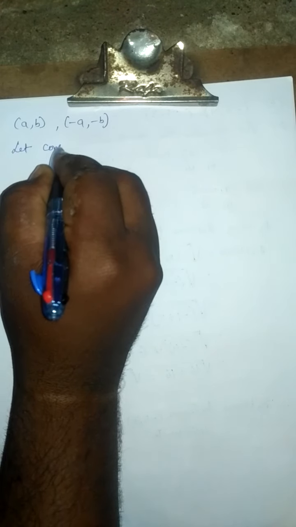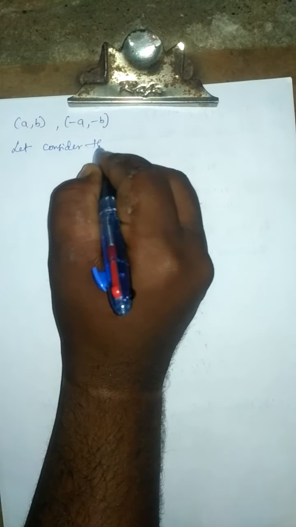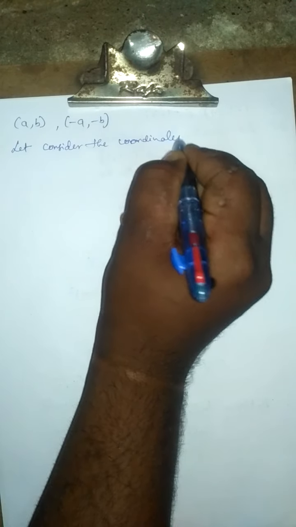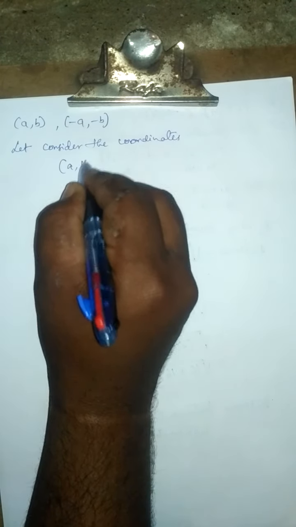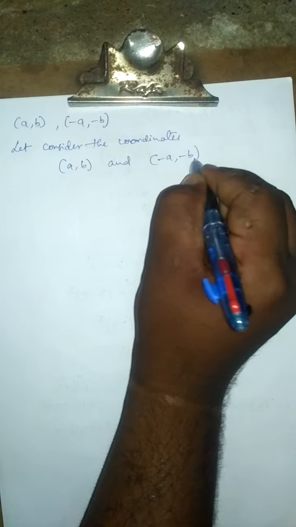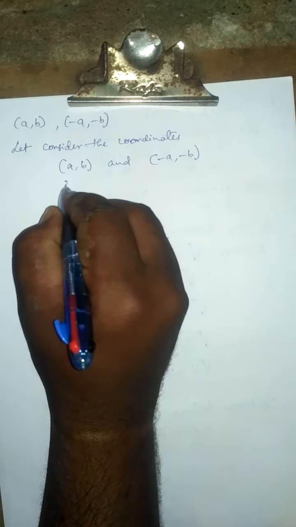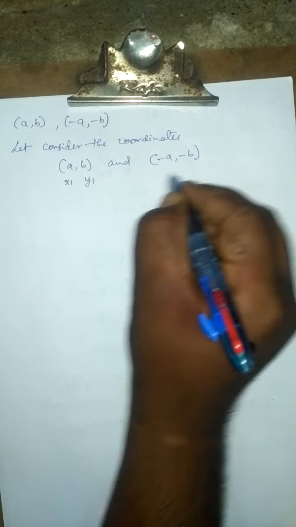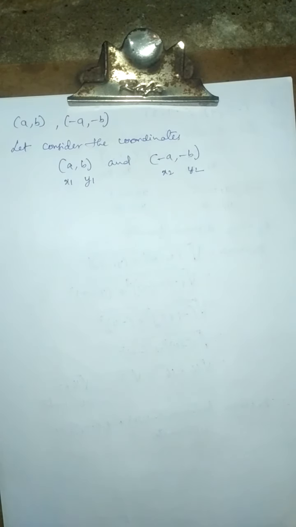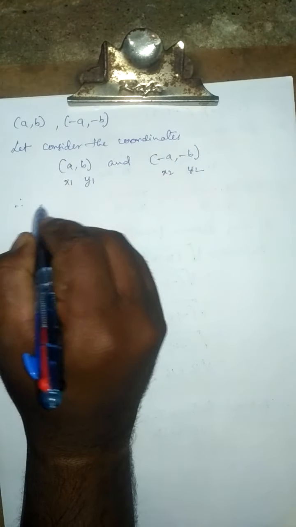Let us consider the coordinates a comma b and minus a comma minus b. We name this as x1, y1 and this as x2, y2. Now we have to find out the distance between these two coordinates. For that reason we use the distance formula.